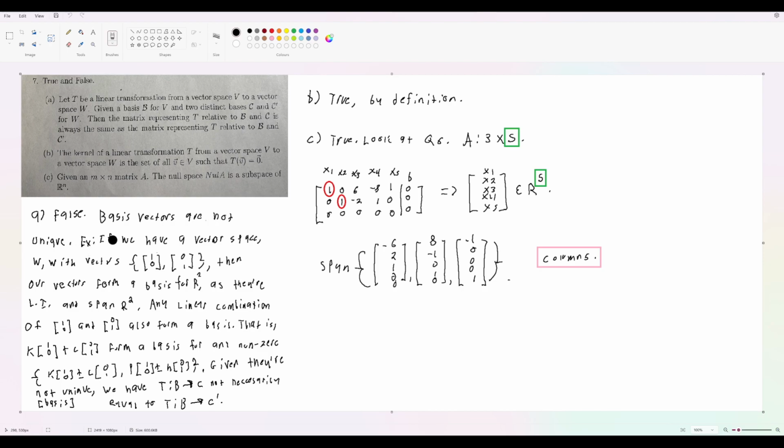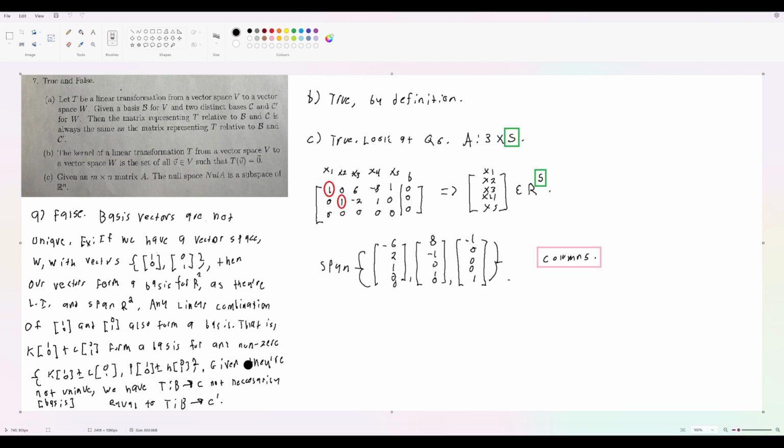Right, I have an example here for you. If we have a vector space W with vectors, say (1, 0) and (0, 1), then our vectors form a basis for R2 as they are linearly independent and span R2. Now let's move into the next piece. We see that any linear combination of (1, 0) and (0, 1), that's vector 1, vector 2, also forms a basis for this vector space.